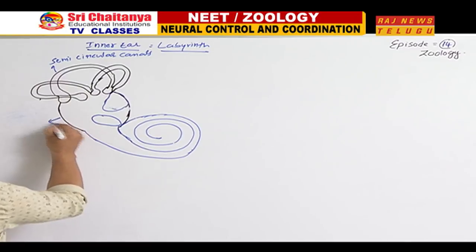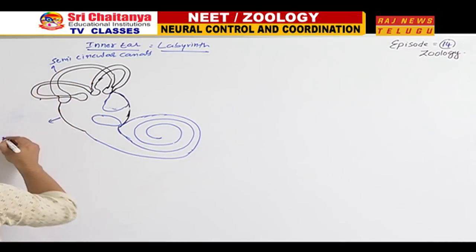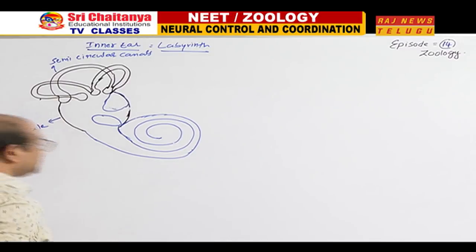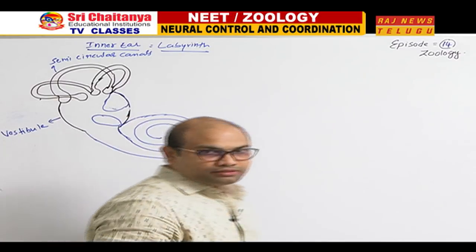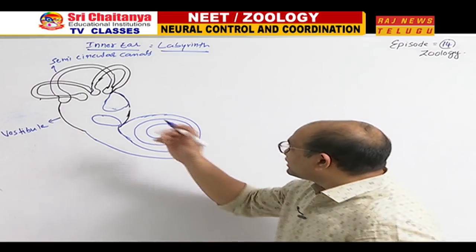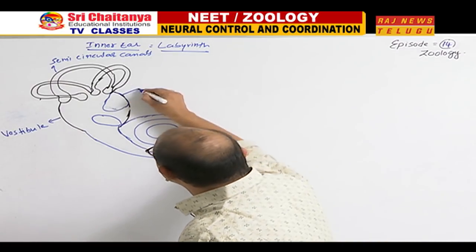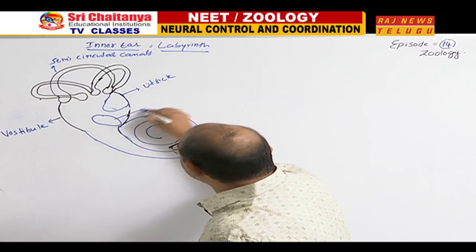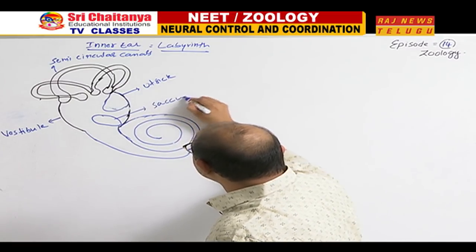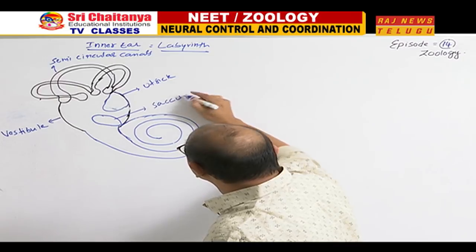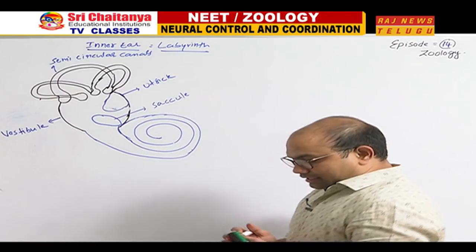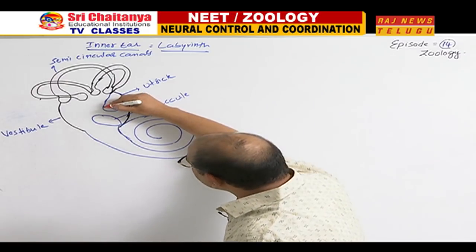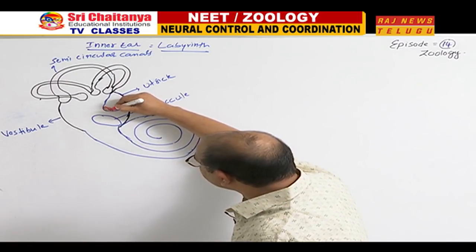See, this part after semicircular canals is known as vestibule. This vestibule has two important regions. One is utricle and the second one is saccule. The utricle has a ridge, this red color part.